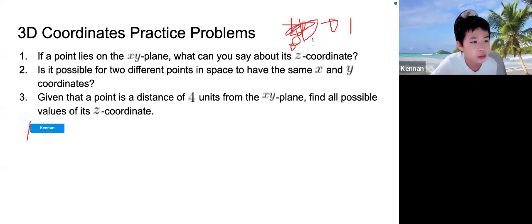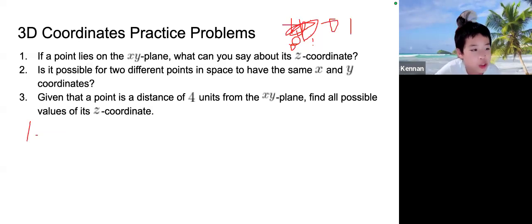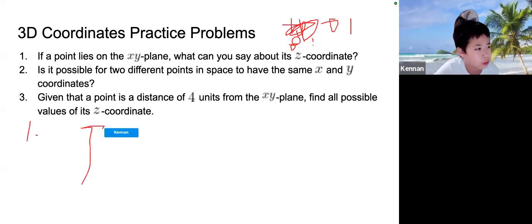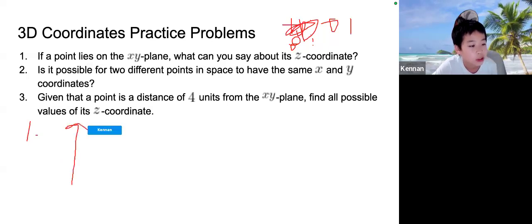One should be relatively simple though. The first one is if a point lies on the XY plane. I guess I'll have to draw a plane.